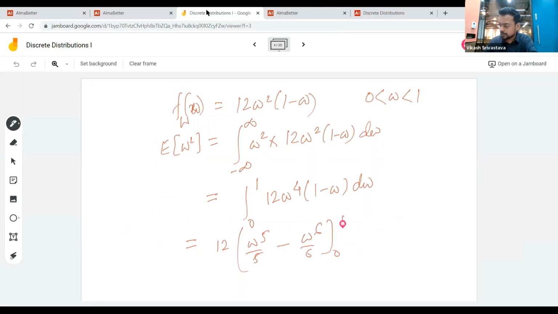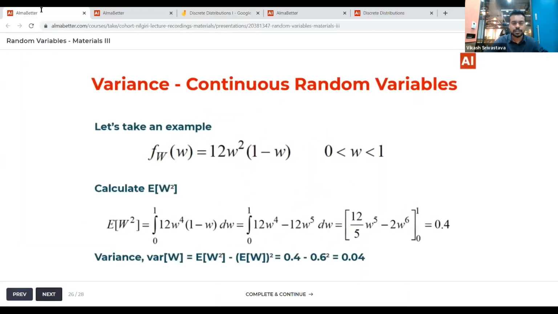It's pretty straightforward. 1 by 5 minus 1 by 6 is going to be 1 by 30, something like this. I'm not sure if I've done this correctly. This gives 2 by 5, which is of course 0.4.